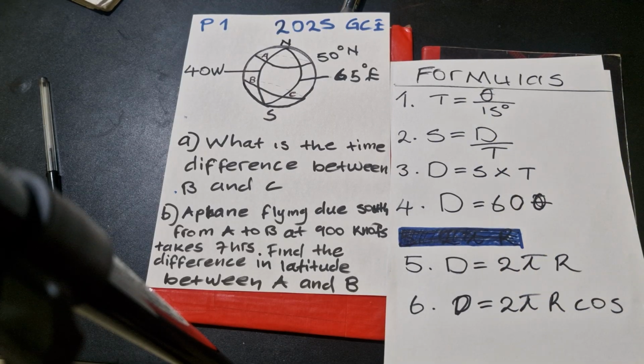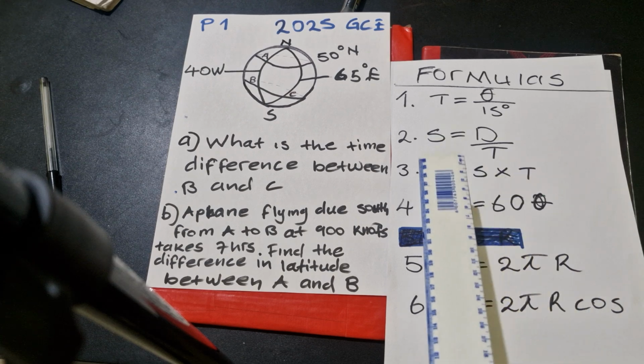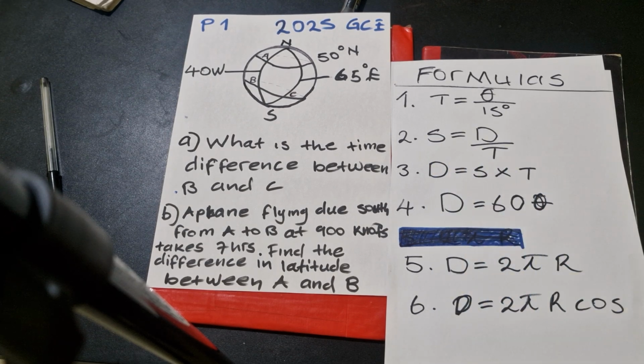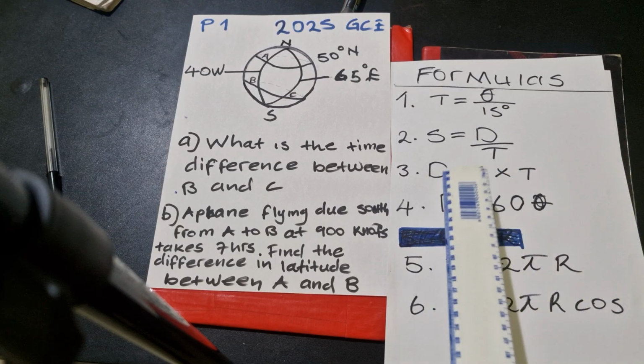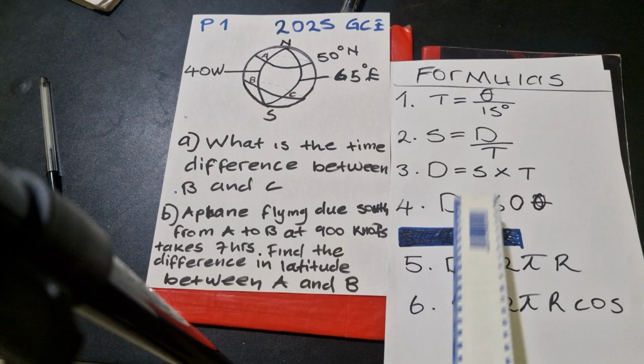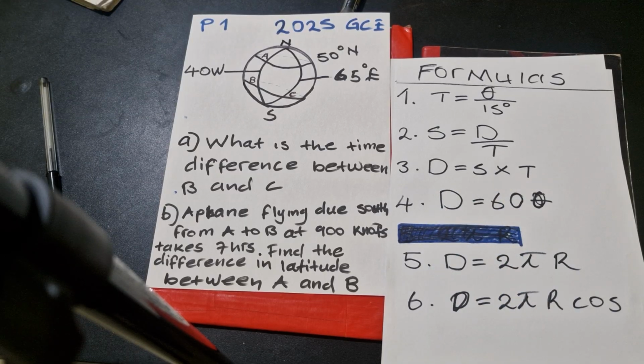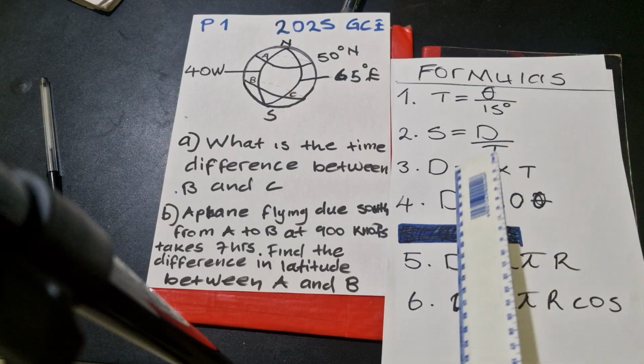Then we have the speed formula. We usually use it when we want to find the speed of how the plane or car or vehicle is traveling, for example. And also we have these two, formulas 3 and 4, which I use to find the distance. Depending on how the question is phrased, we can use either 3 or 4.